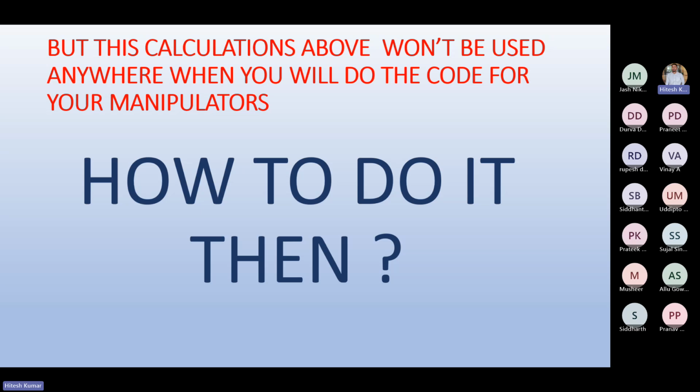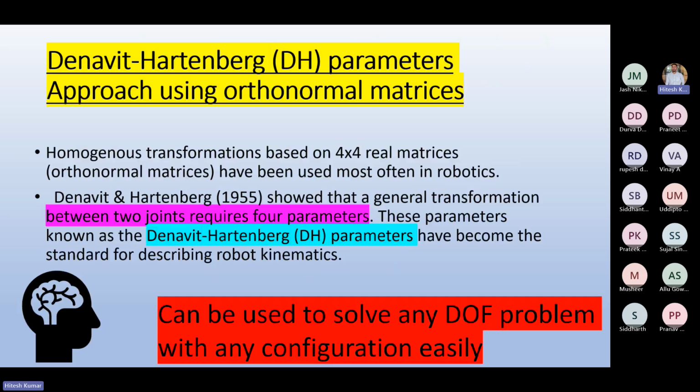Okay. So there is an approach where Denavit-Hartenberg parameters are used. It is a kind of orthonormal matrices. We use the orthonormal matrices to calculate the positions. We'll learn about these matrices.